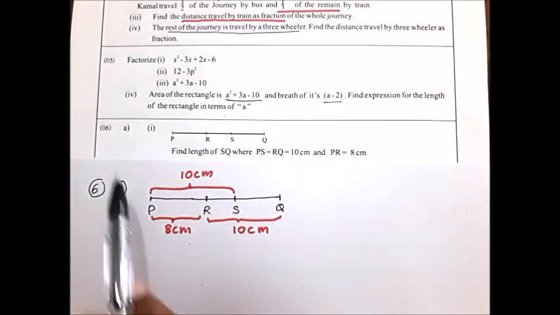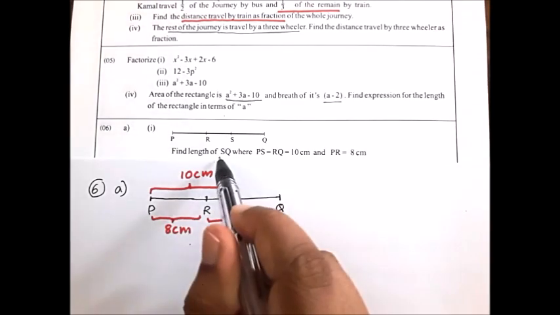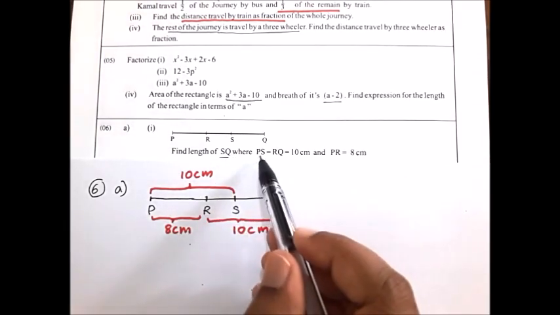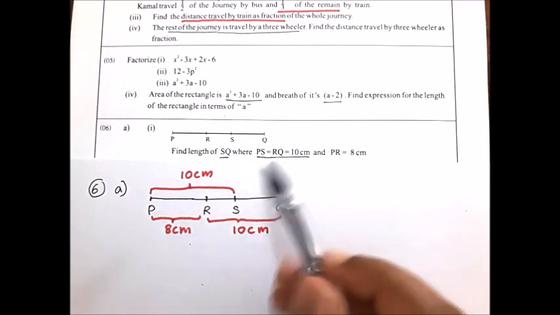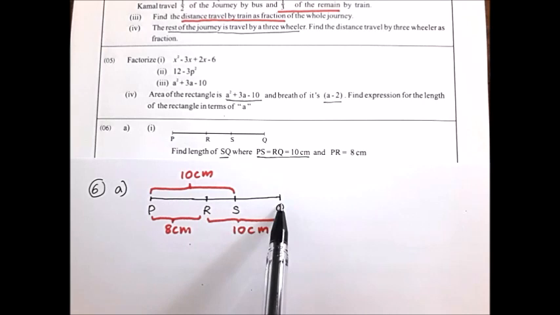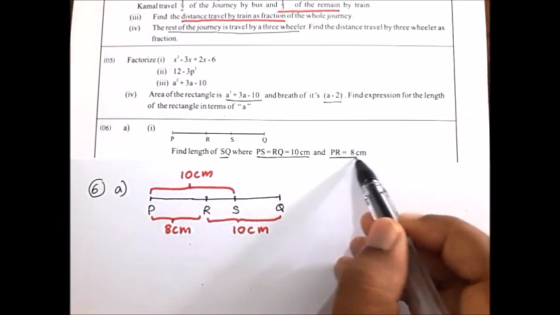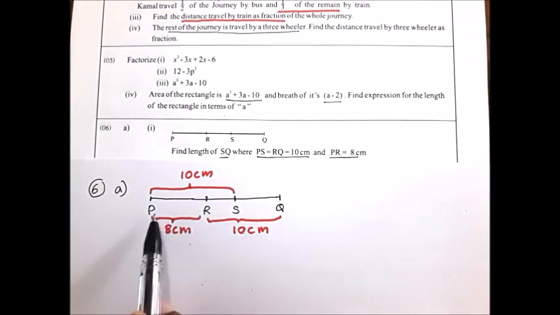Let's start sixth question, first part. Find the length of SQ, where PS equals RQ equals 10 centimeter and PR equals 8 centimeter. Now look at this diagram.